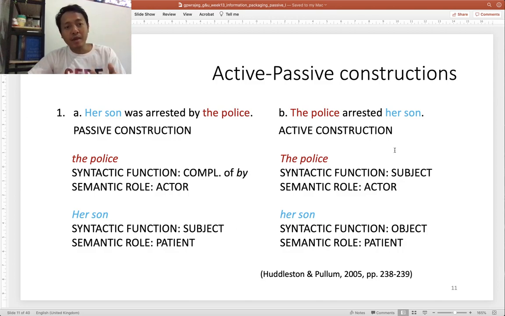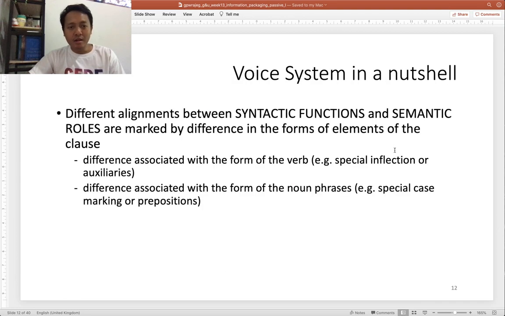So in the passive construction, the subject function is the patient of the event. Meanwhile, the actor, here the police, fills a different function as a complement of the preposition by. But the role is still the actor. So that's how active-passive linkage plays out in these two constructions.